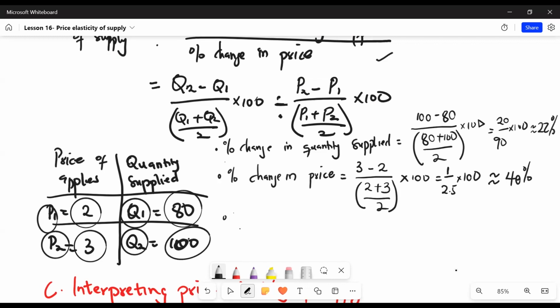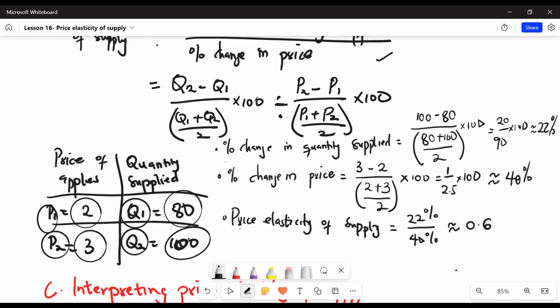Now we can use this information to calculate our price elasticity of supply. The percentage change in quantity supplied is 22%. Percentage change in price is 40%. This gives us an approximate value of 0.6.